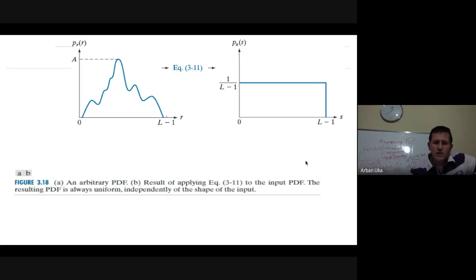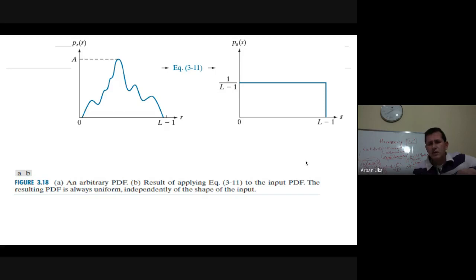If we do histogram equalization, we get the image shown in figure B, on the right side, because the area over there is also equal to 1. If we have 256 different values of pixels, and we make them equally probable, that means the probability is 1 over L minus 1. It's the same as having 10 different values.